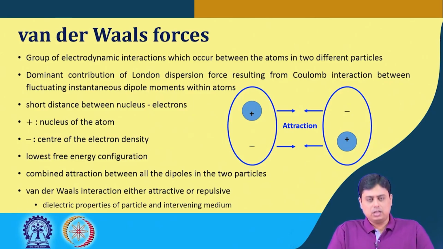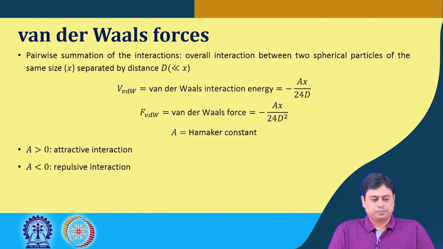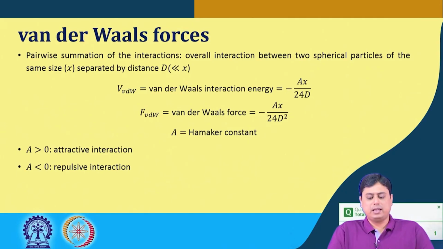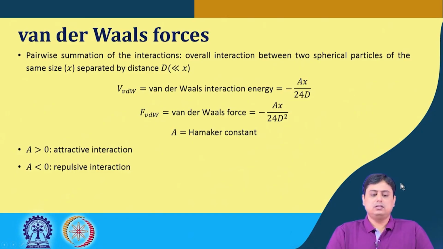Now, this, as I mentioned, can be attractive or repulsive in nature depending on the dielectric properties of the particle and the intervening medium. The pairwise summation of all the interactions provides a simple expression for the overall interaction between two spherical particles of the same size, separated by a distance which is very small compared to their size.